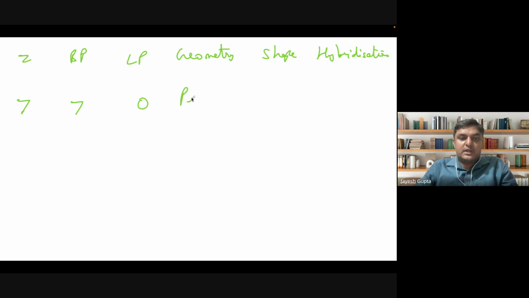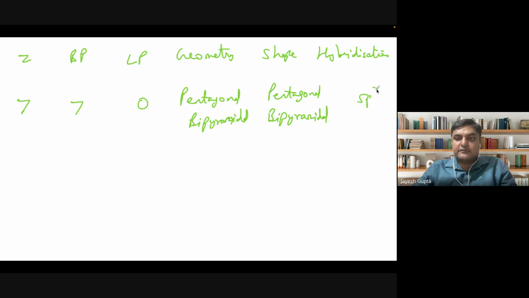Geometry is pentagonal bipyramidal. And since lone pair is 0, here also the shape will be pentagonal bipyramidal. Hybridization will be sp3d3.